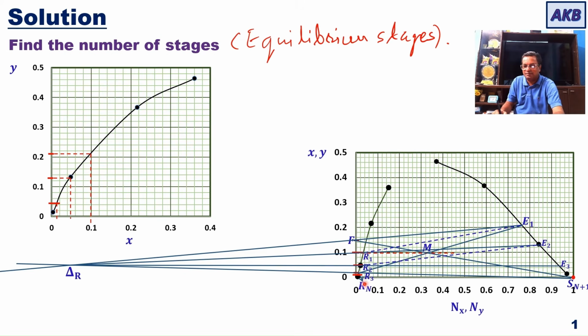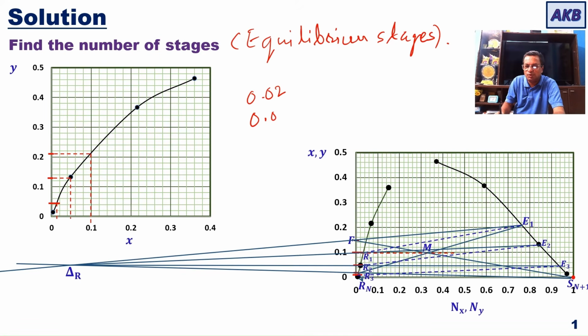And then R3 and E3 represent compositions that are in equilibrium with each other, and they have to be connected by a tie line. So in the process, we now have a composition below the final raffinate composition. Final raffinate composition is 0.02, and with the third tie line, we have reached a composition of 0.01.